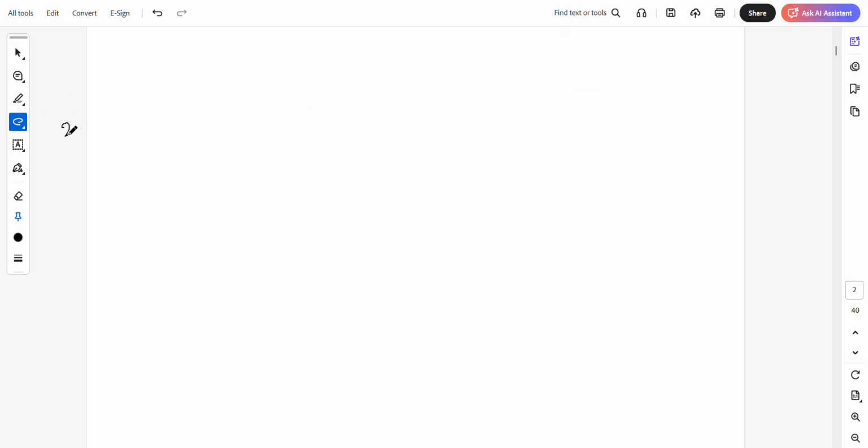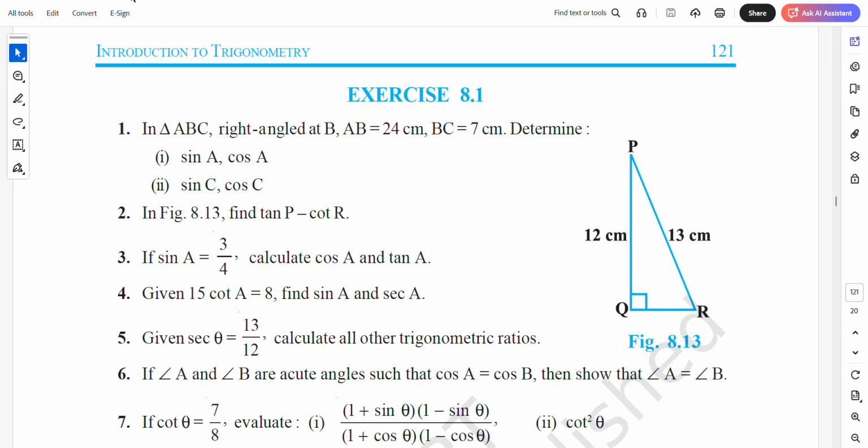This is the diagram they have given. PQR, it is right angle at Q.